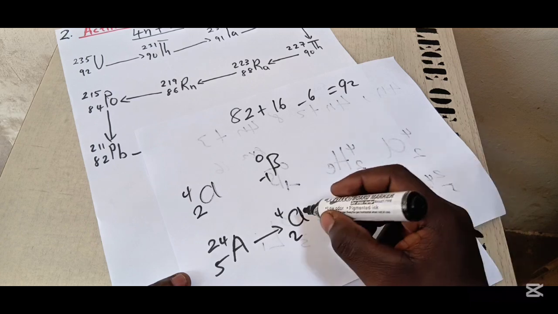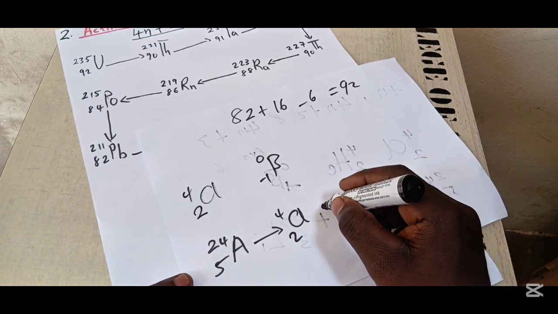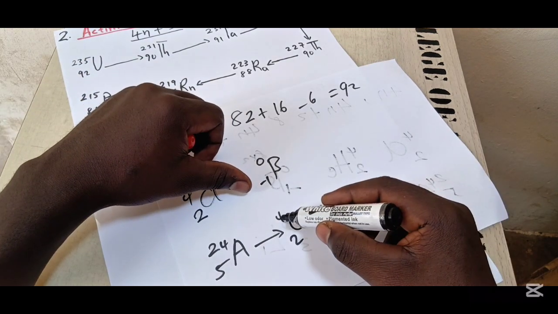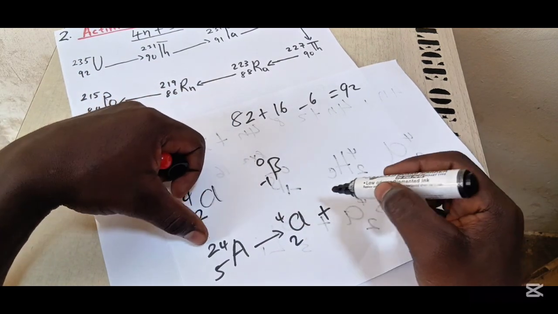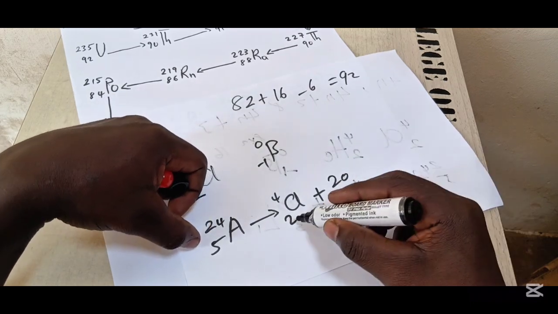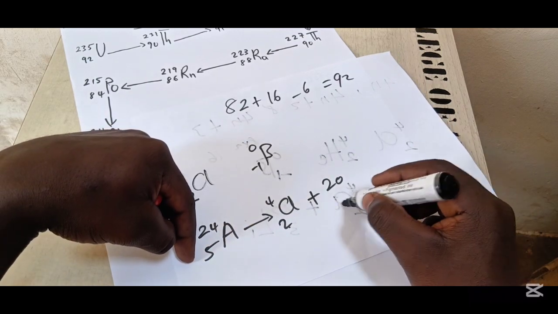So this one decays to give us an alpha particle, and then we also get another nuclide. To get that nuclide, we just subtract the mass of the alpha particle from the initial nuclide, which gives us 20, and the proton number, 5 minus 2, which is 3.